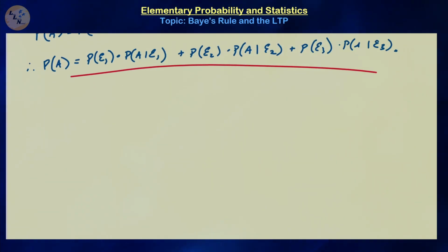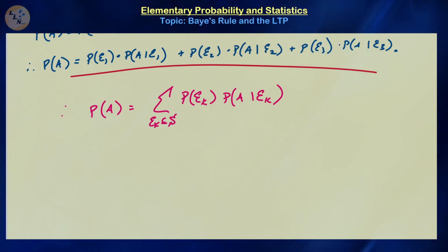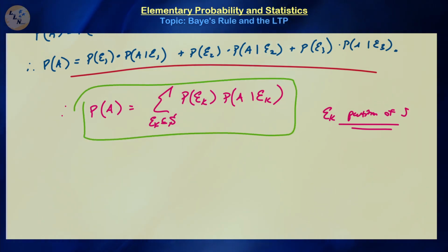You can use summation notation, of course. For example, the probability of A can be represented as the sum of the products of the probability of EK times the probability of A given EK, right? Where EK, of course, are elements from the sample space, and EK form a partition of S, right? So this is what we refer to as the law of total probability.